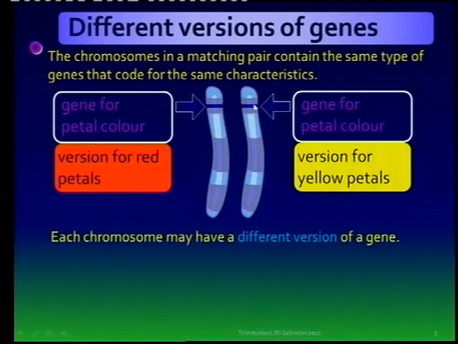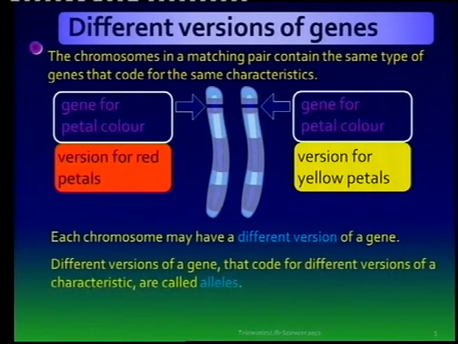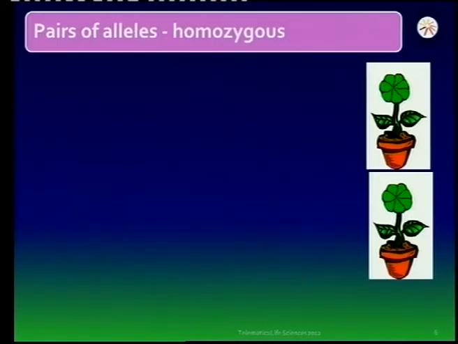And this gene here, can you see it lies on exactly the same locus of a homologous pair? And this allele also codes for the color of petals, but in this instance it's yellow. So these different versions of a gene are referred to as alleles.